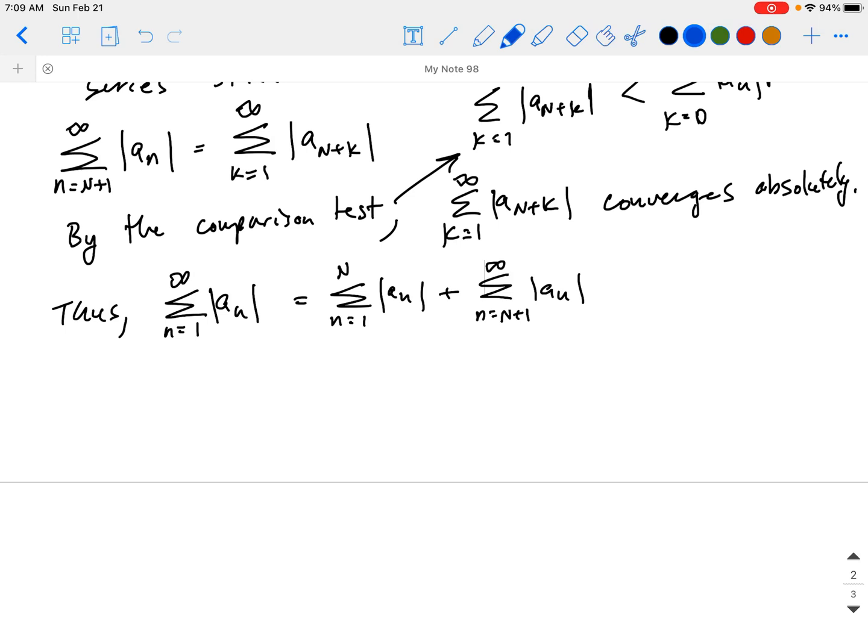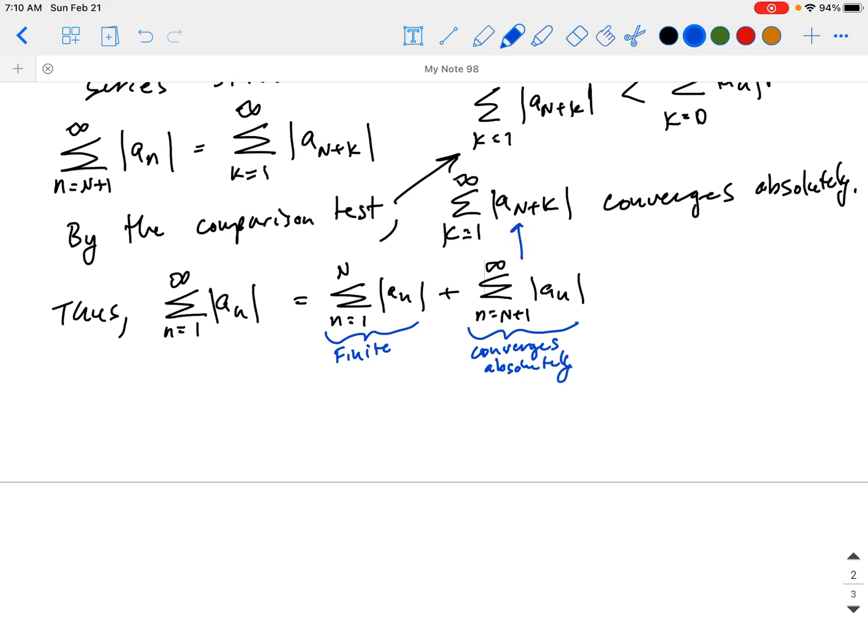We'll note this first part of our series is just a partial sum, so that's a finite number, and this series was the series we just discussed, which converges absolutely.